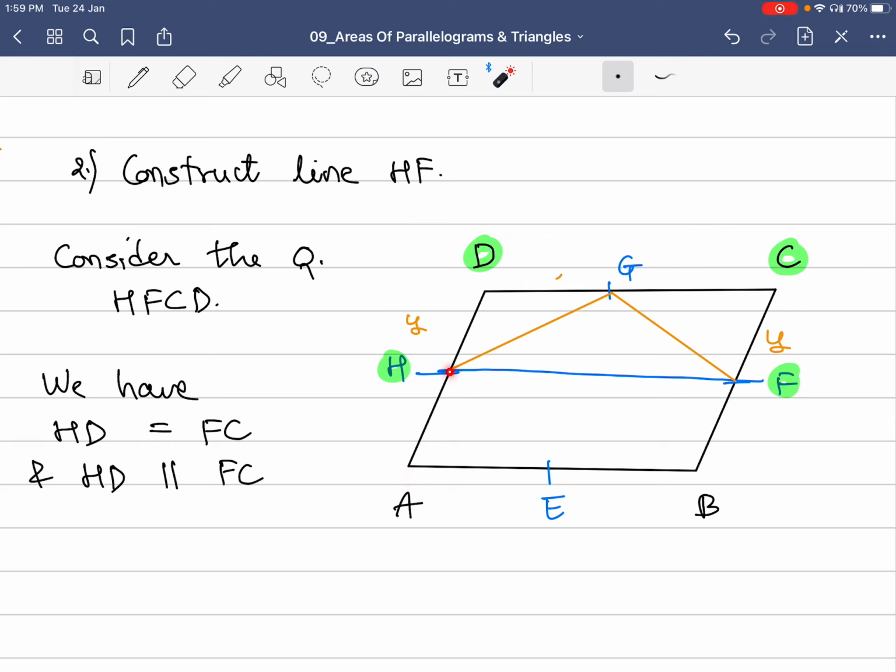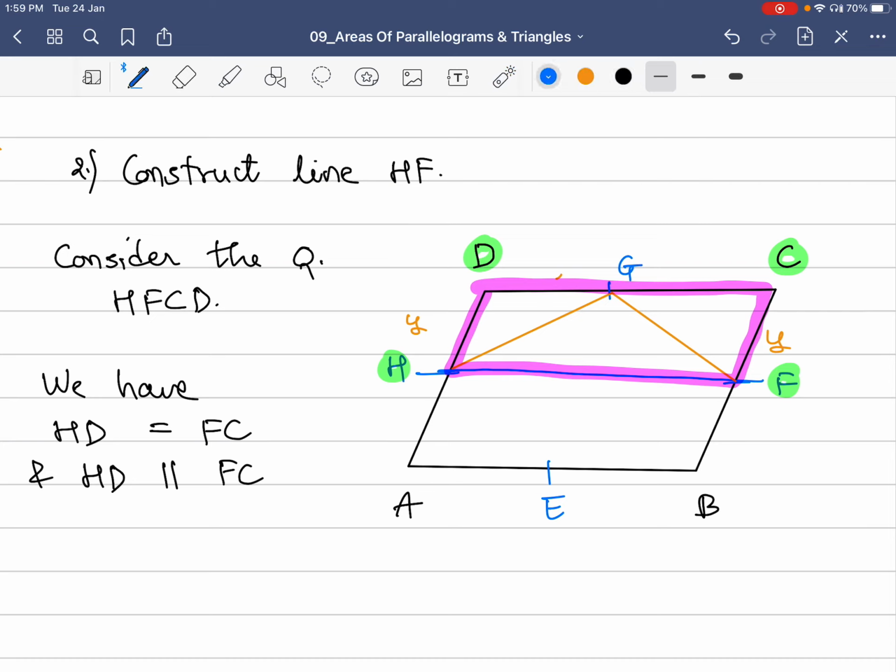So in this quadrilateral, let's use a highlighter, we have these opposite sides equal and parallel to each other, and this is an important condition which proves that this quadrilateral is a parallelogram.